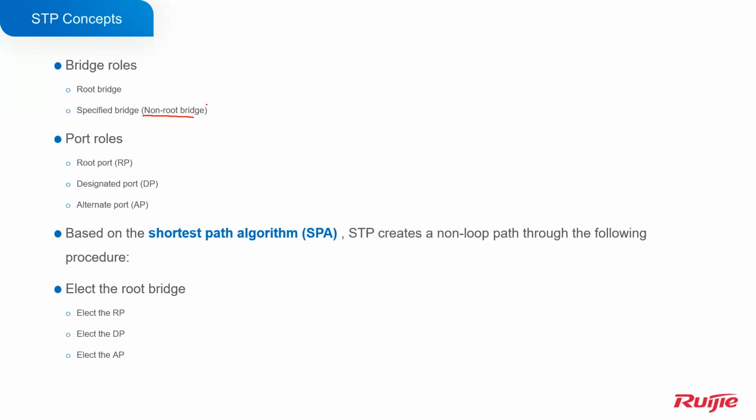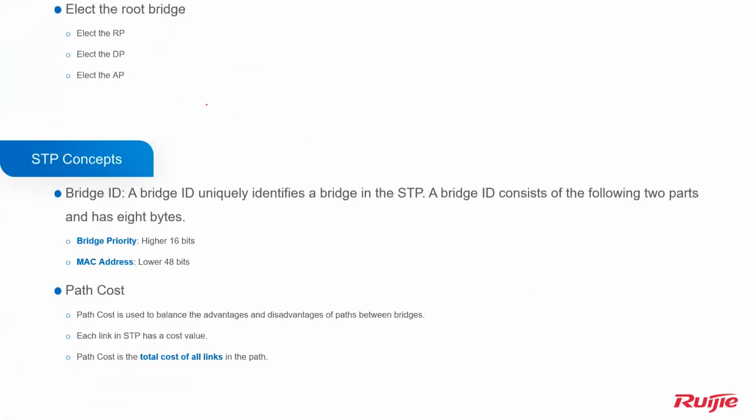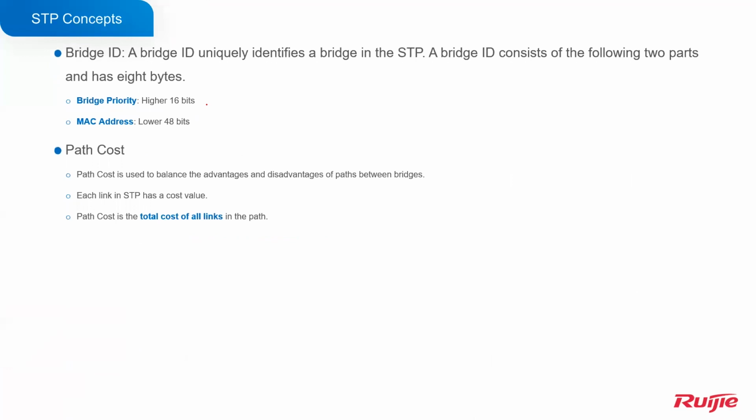And then elect the RP, elect the DP, elect the AP. What they are, for example what the AP is or how to elect the AP, is the content we are going to introduce. To do the election, we should take some parameters into consideration. So let's see the parameters we should know.